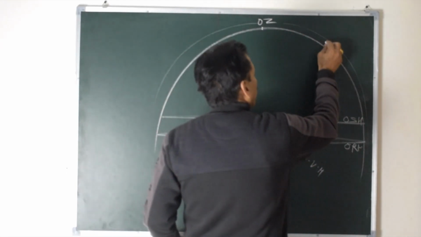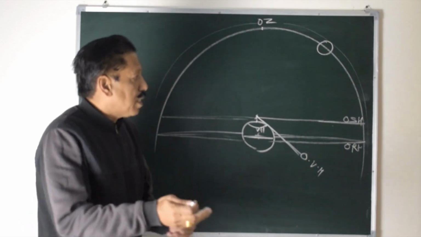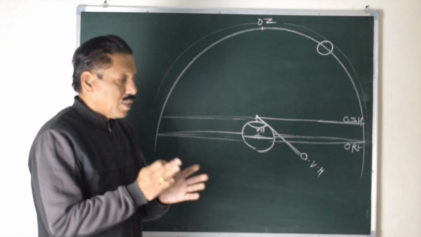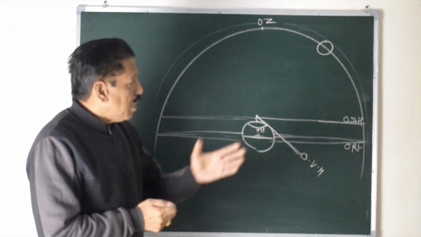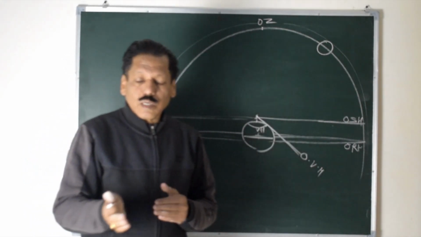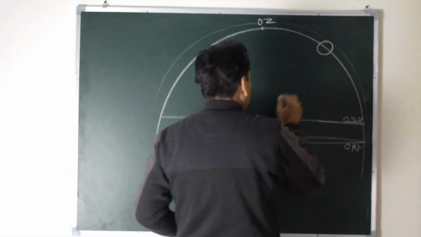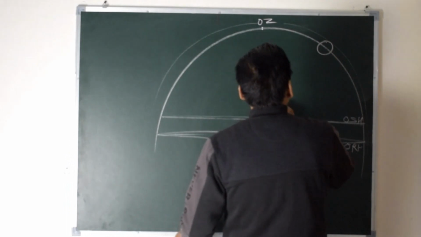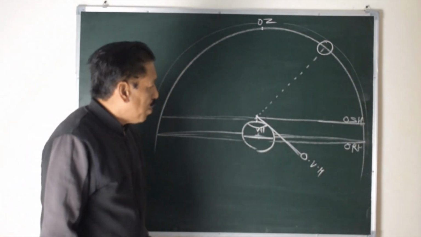Then there is this body over here whose altitude would be taken, and we would be discussing various corrections with respect to the altitude of this body. Actually, if this is moon or sun, we take lower or upper limb, but to understand the basic details, let us say the altitude is taken of the center of the body.